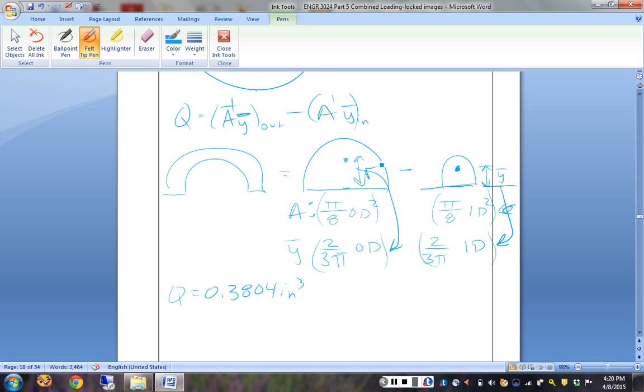Is y bar the centroid? Yes. Y bar is the centroid location of the solid shape and the centroid location of the little shape, but when you do this product and subtract this product from this product, you get the resultant Q. Q is the moment of area property that you need to go into VQ over IT.